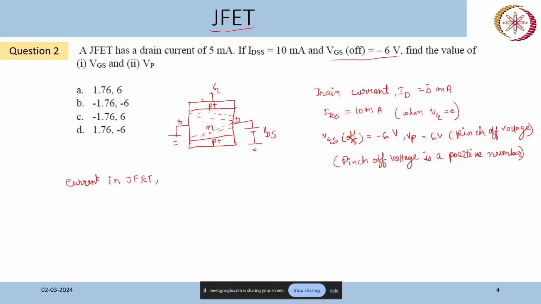So that is why these two junctions are kept reverse biased. So the drain current expression is ID equals IDSS times (1 plus VGS by VP) squared.